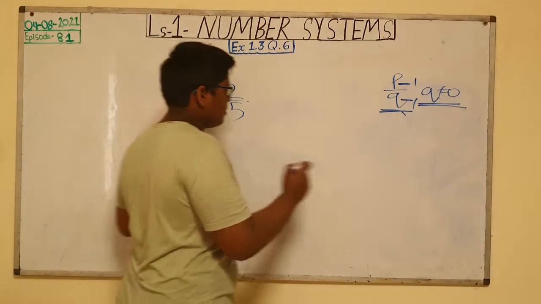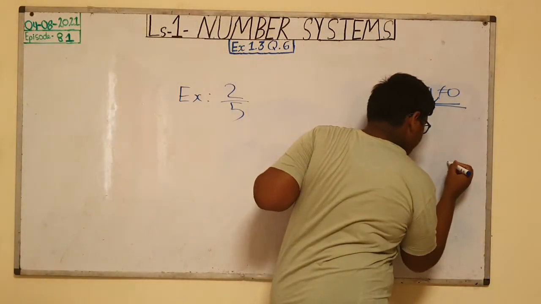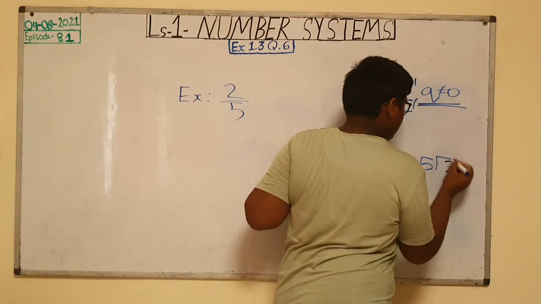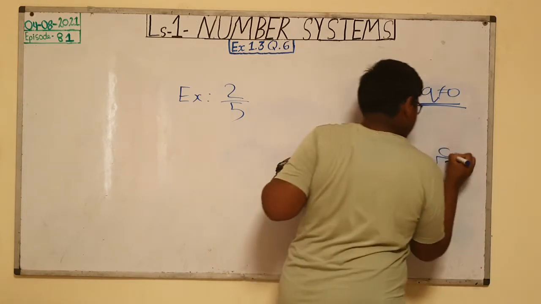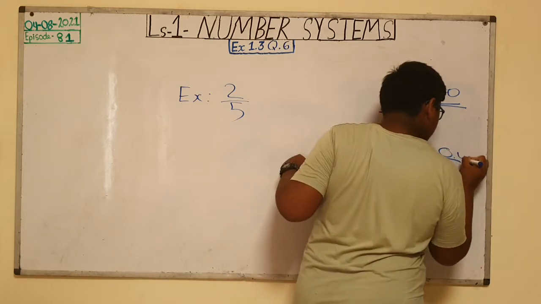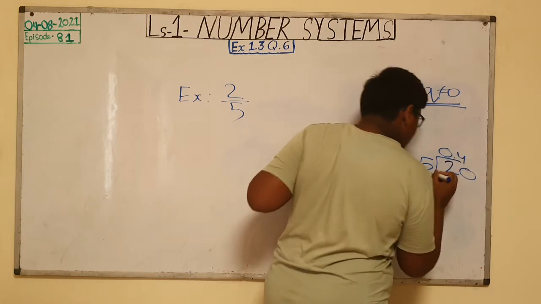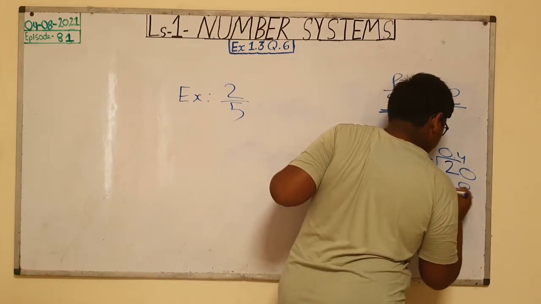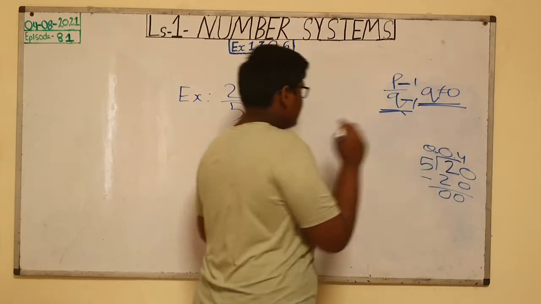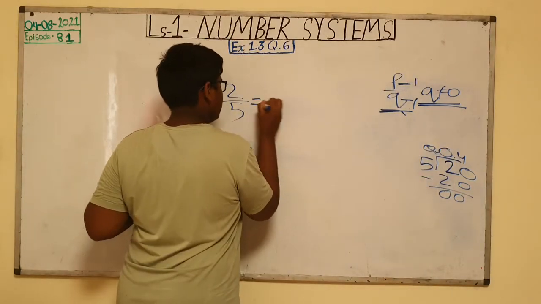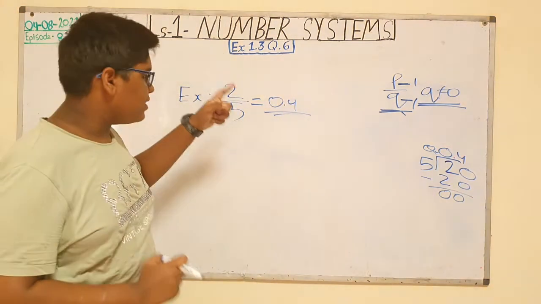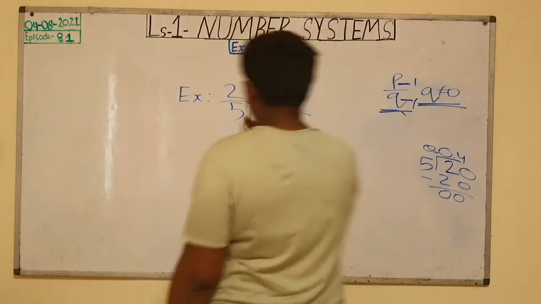Okay, 2 divided by 5. So 2 is smaller than 5, we will do the normal division. Take here 20, and now 20 divided by 5 is 4. Subtract it, we get the remainder as 0, and the quotient is 0.4. So 2 by 5 is equal to 0.4. Now this is the terminating decimal expansion of 2 by 5.